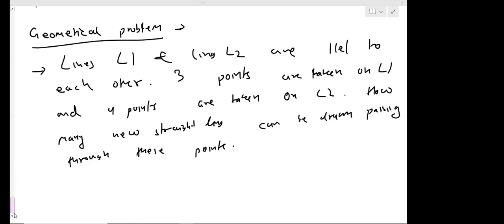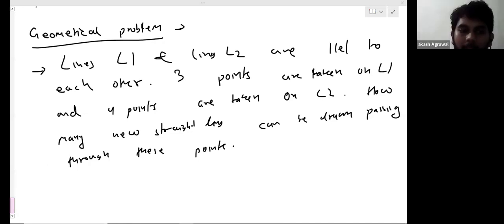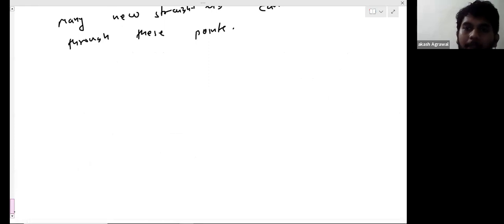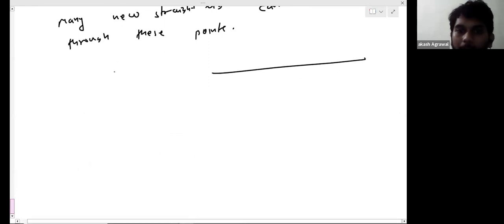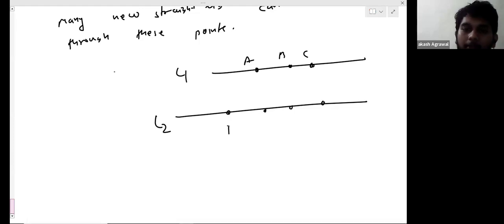Done, sir. Okay. So this is a geometrical based question. What they are saying is we have two parallel lines, L1 and L2. We have to take 3 points on L1, A, B, and C, and 4 points on L2, P, Q, R. How many different lines can be formed using these points?